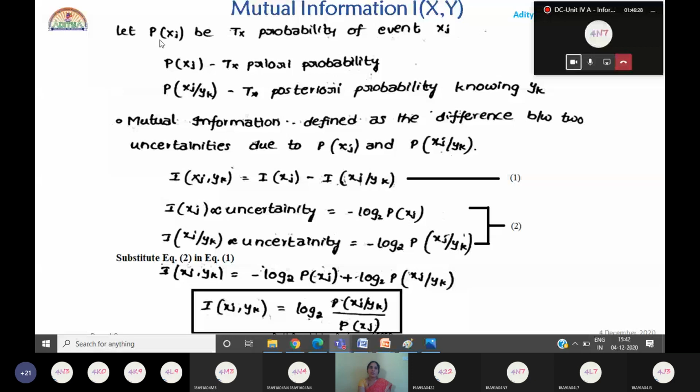How will you start? Let P of yk be the receiver probability of event yk, and P of yk is the receiver priori probability. P of yk by xj is the receiver posteriori probability knowing xj. Use the same procedure and tell me the mutual information due to the receiver events. Please try to solve that.